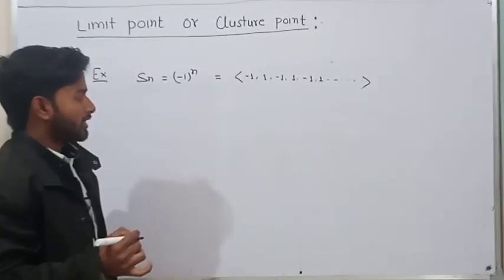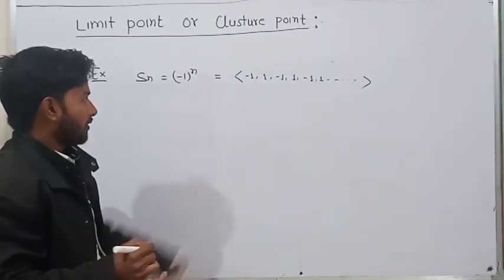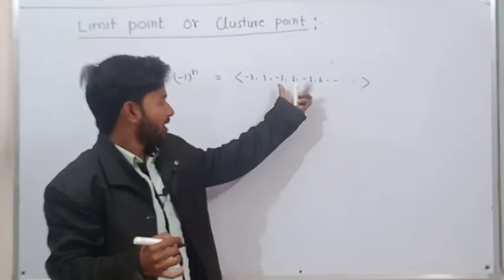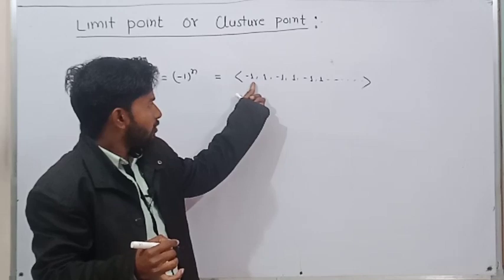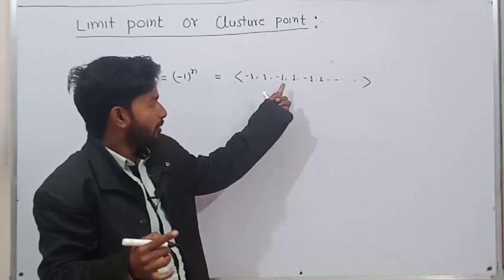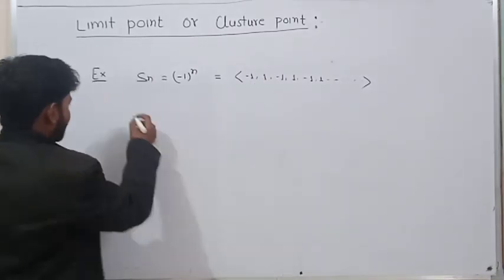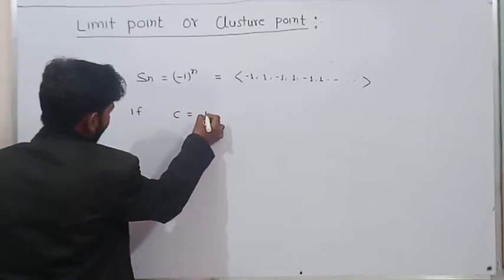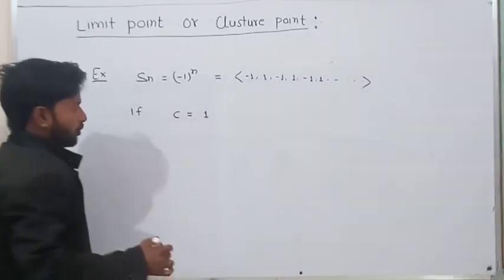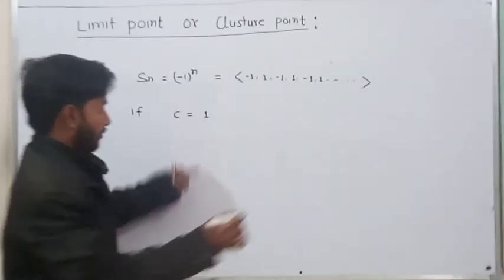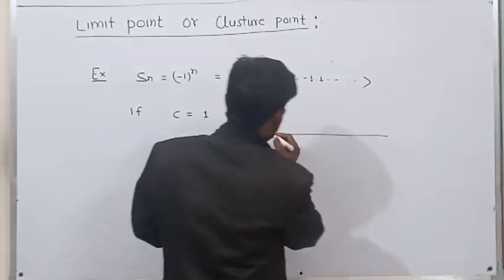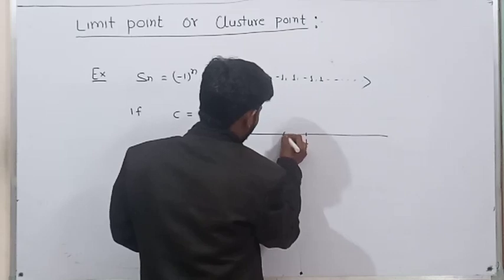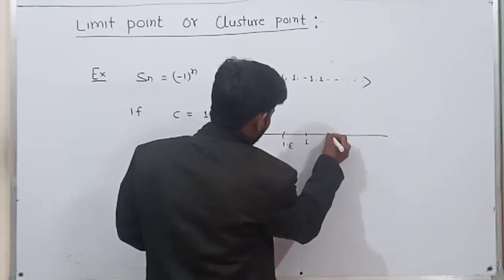Now we have to check whether 1 or minus 1 is a limit point or not. If we take C equal to 1, we find a neighborhood of 1, that is (1 minus epsilon, 1 plus epsilon).